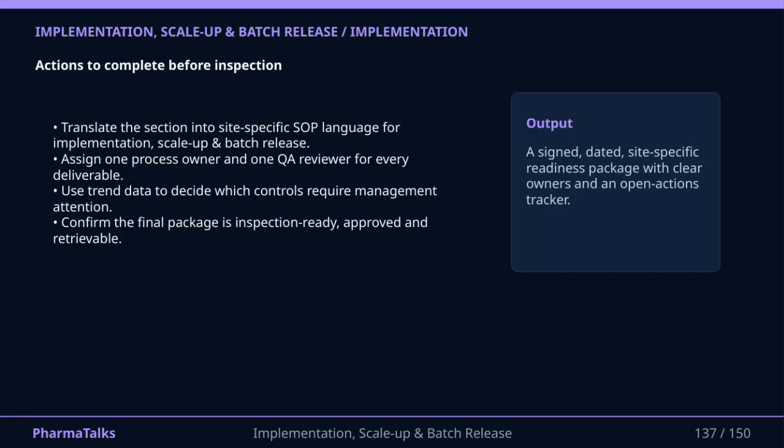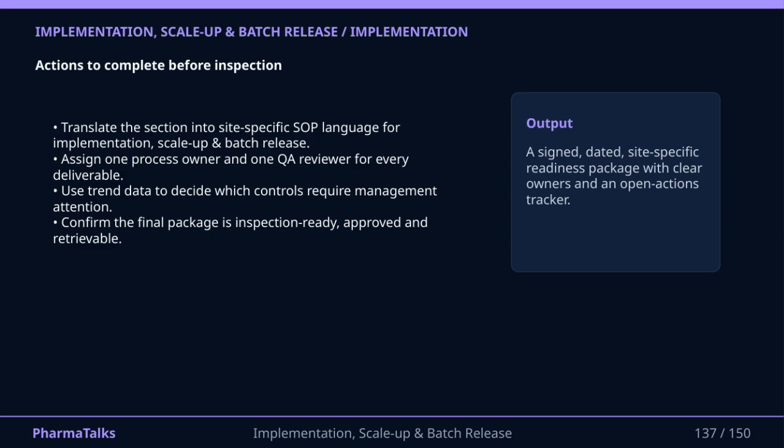Before the inspection, there are several important actions we need to complete. First, we translate this section into site-specific SOP language to ensure the implementation, scale-up, and batch release processes are clear and tailored to our site. It's crucial to assign one process owner and one QA reviewer for every deliverable to maintain accountability and oversight throughout the process.